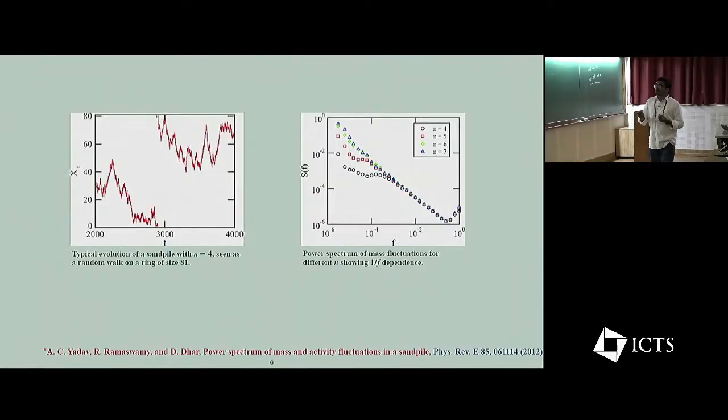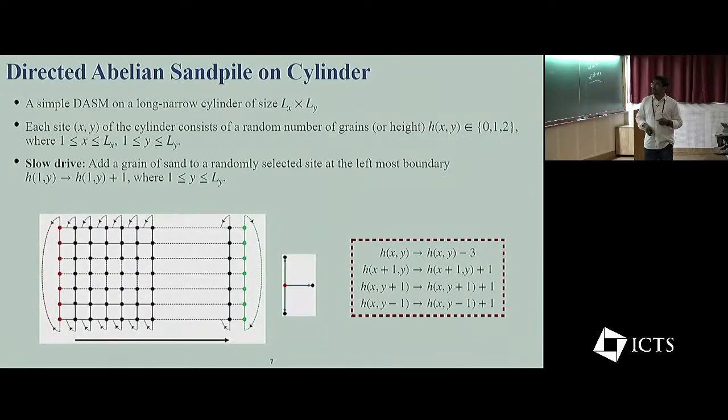The time series shows that the mass fluctuations follow a random walk on a ring of size 3 to the power n, and this is the power spectrum for the mass fluctuations. It shows that it follows 1/f^α behavior.